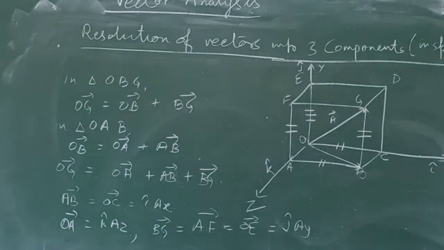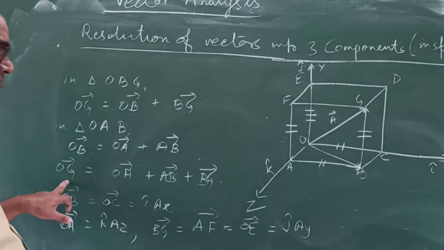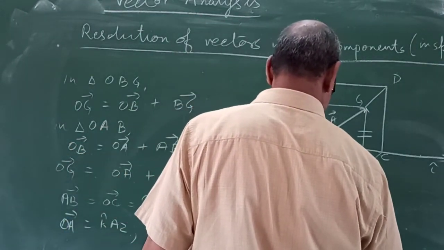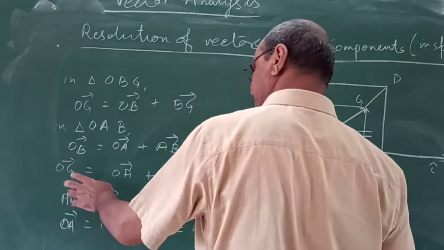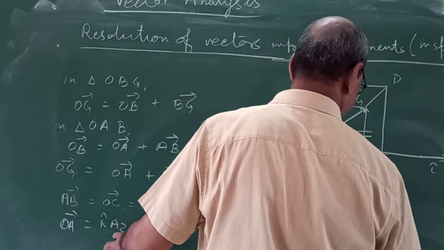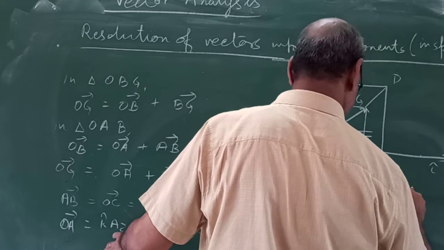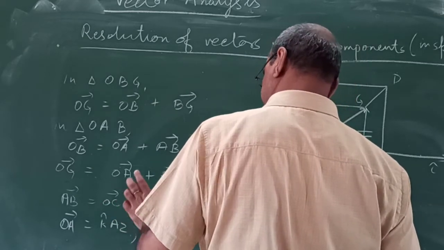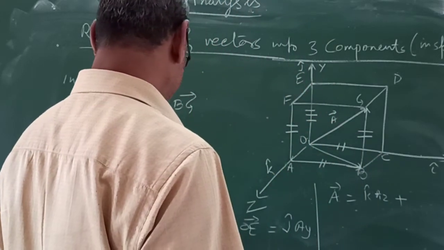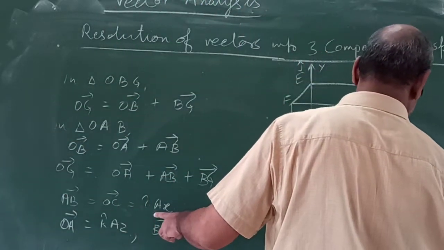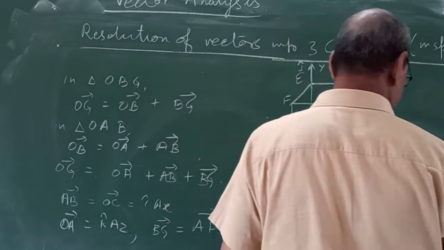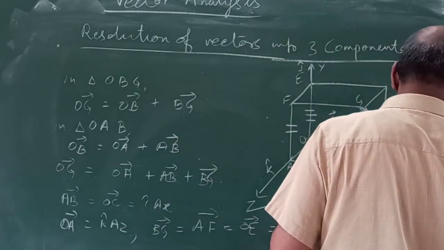Now, we put this value in this equation. OG is represented by vector A. OA is represented by k cap Az, plus vector AB is equal to OC is equal to i cap Ax, plus vector BG is equal to j cap Ay.